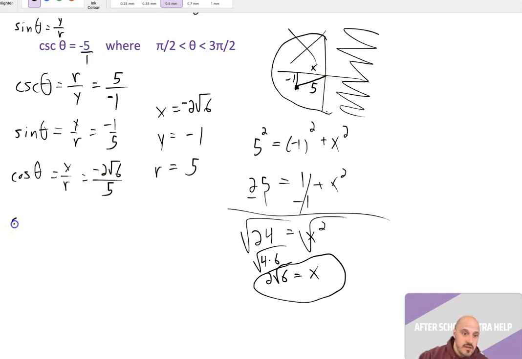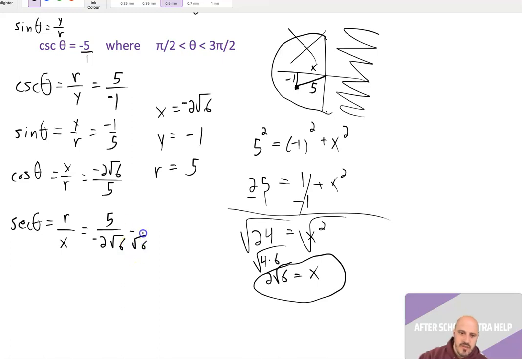And so secant, its reciprocal, is going to be r over x. So my r value we said was 5, that we already knew, and our x value is -2 root 6. This is ugly. Are we going to leave it like this?